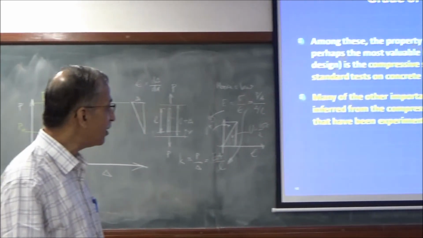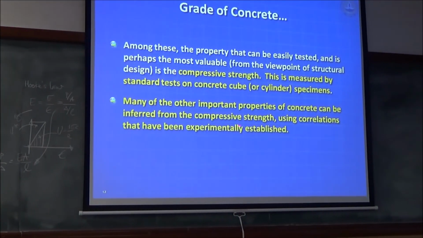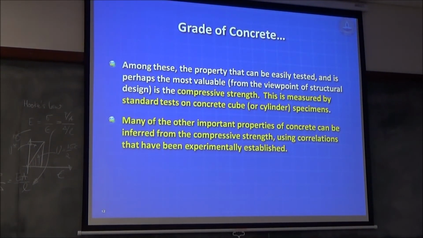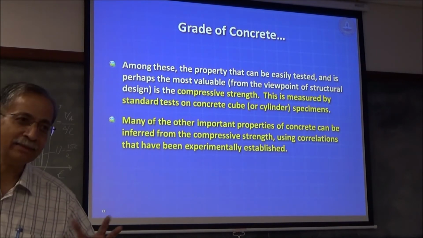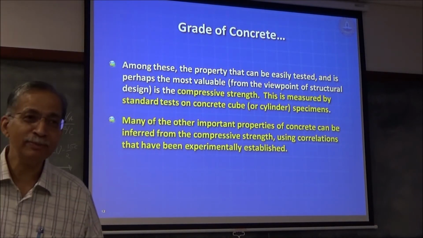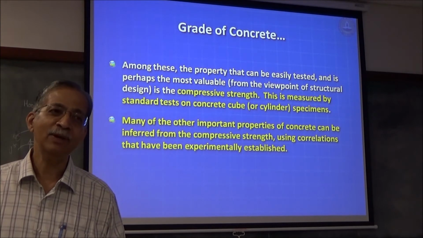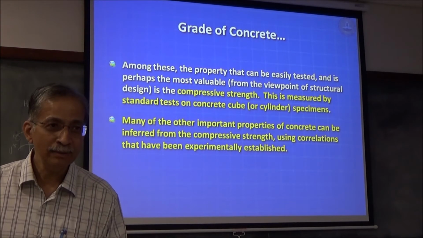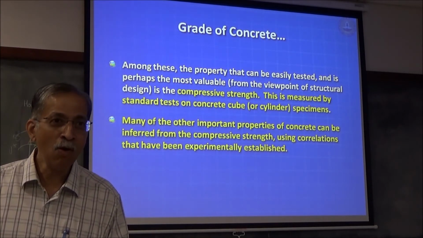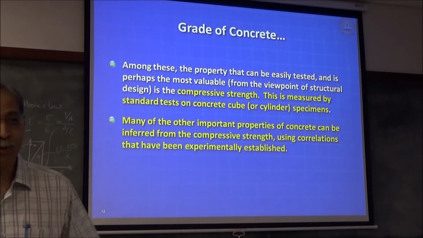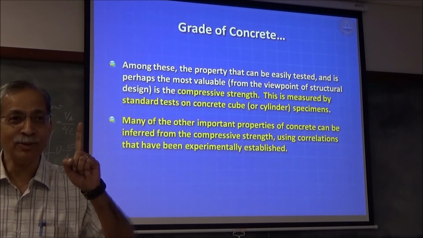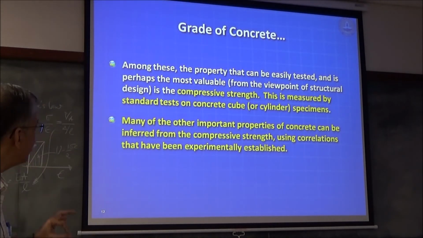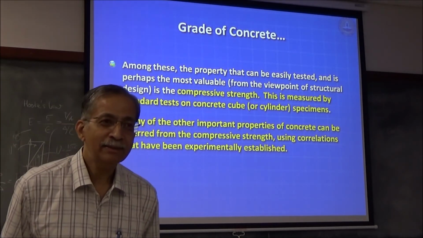Many of the other important properties of concrete can be inferred from the compressive strength using correlations that have been experimentally established. For example, modulus of elasticity is related. What's the relationship? 5,000 root fck. Does the 5,000 have units? No. I told you Newton's law itself, there was a unit proportionality. What is the unit of modulus of elasticity?